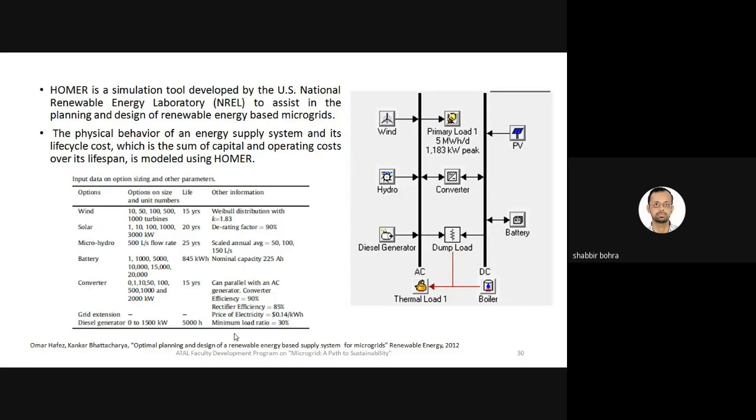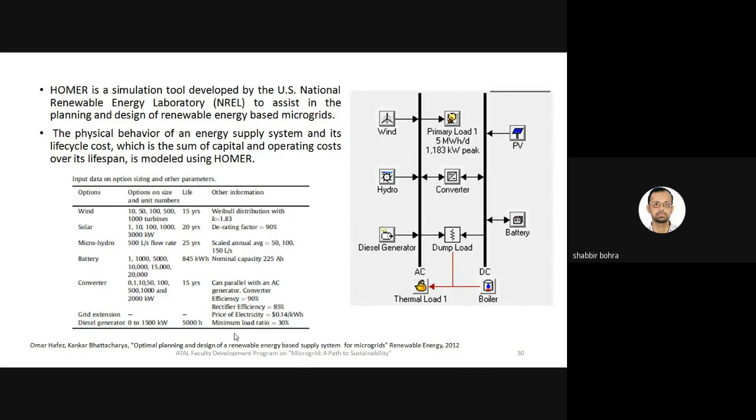Micro hydro has a scaled annual average of 550, 100 and 150 liters per second, and the battery has a nominal capacity of 225 ampere hour. For the grid, the price of electricity is taken as 140 cents per unit, and for the diesel generator, the minimum load ratio is 30%.